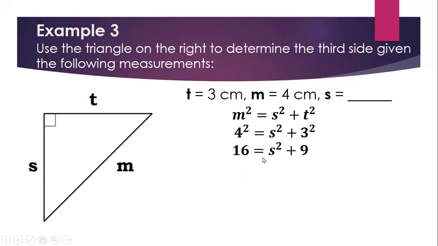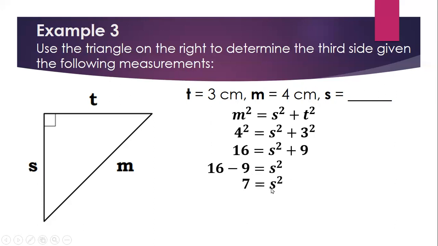So we have 16 is equal to S squared plus 9. And then we need to do the addition property of equality para malipat si 9 dito sa kabilang side. So we have 16 minus 9 equals S squared. So 16 minus 9 is equal to 7.